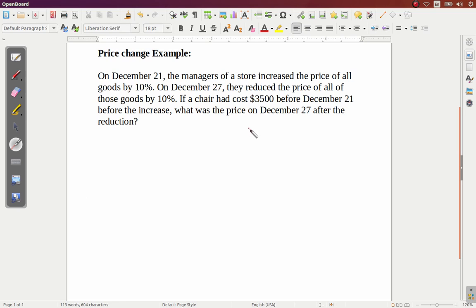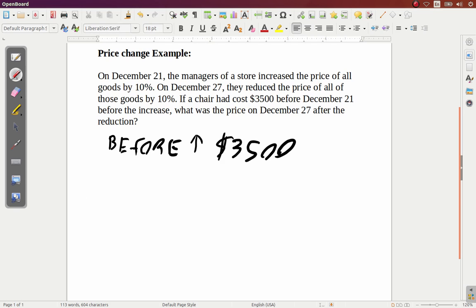Alright, so let's see what happens now. You have $3,500 before December 21, before the increase, before the price went up. What you had was $3,500 for the chair.